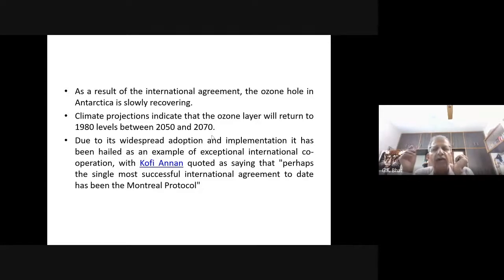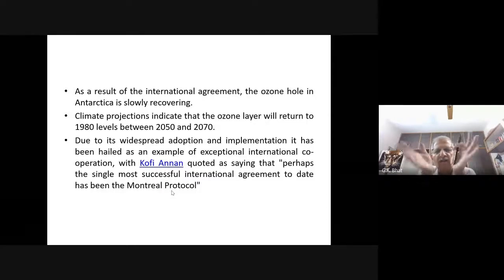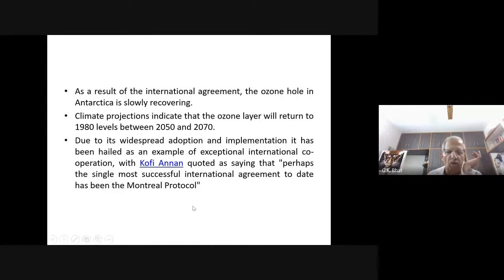Due to its widespread adoption and implementation, it has been hailed as an example of exceptional international cooperation, with Kofi Annan saying that perhaps the single most successful international agreement to date has been the Montreal Protocol. It is a get-together of the countries to see that the ozone thinning is getting to normal, or getting improved.